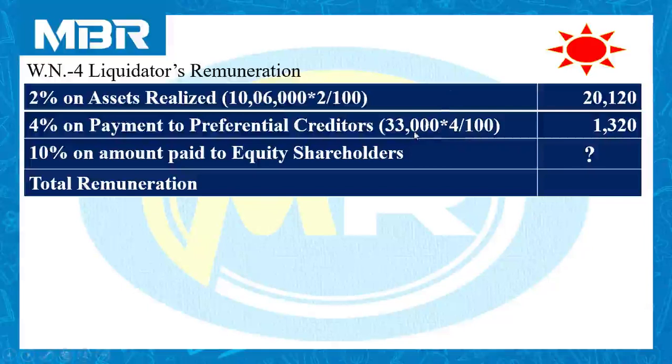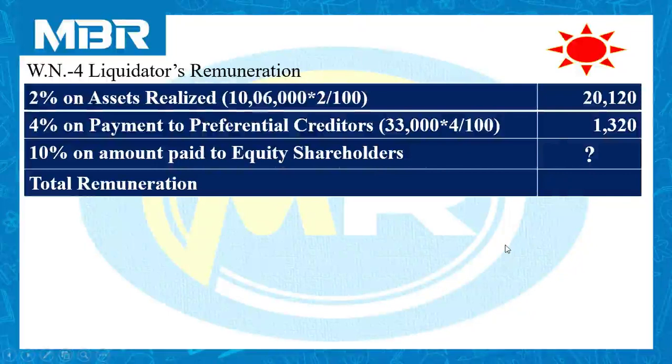So 33,000 multiplied by 4% is equal to 1,320. Now the last item for the payment to the liquidator is 10% on the amount paid to equity shareholders.